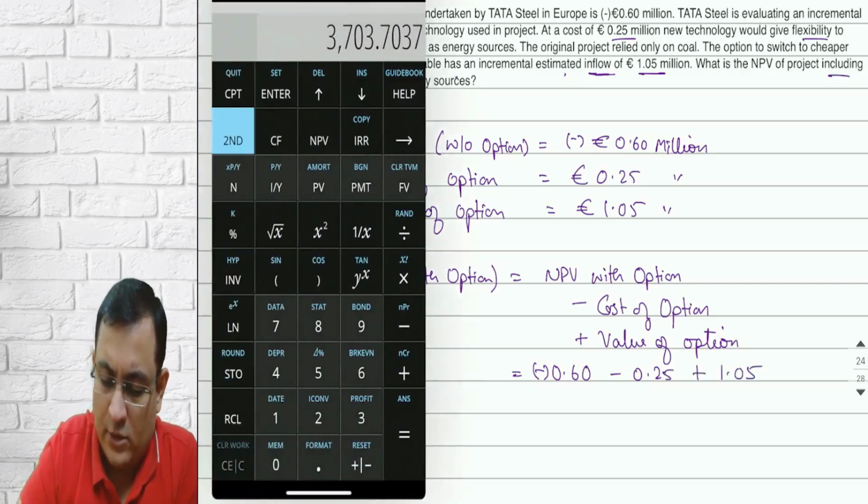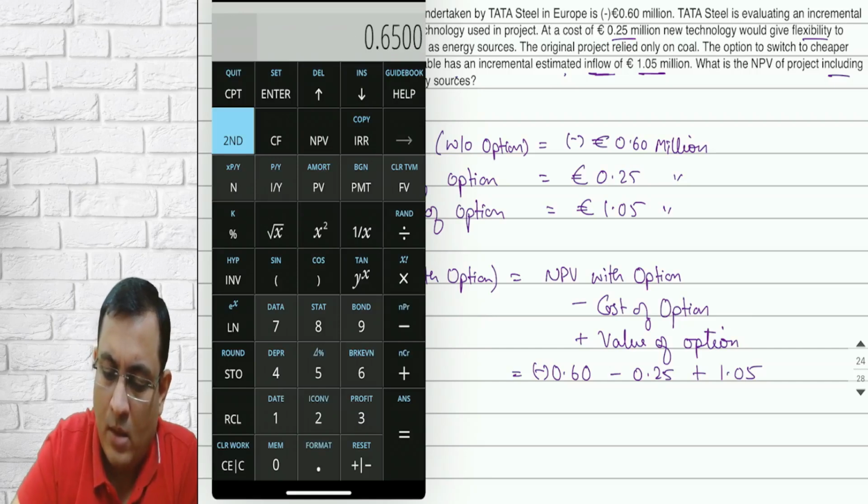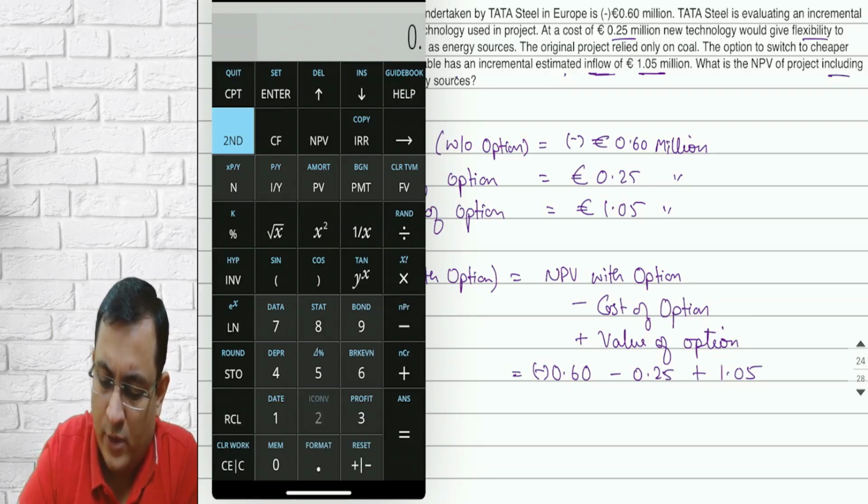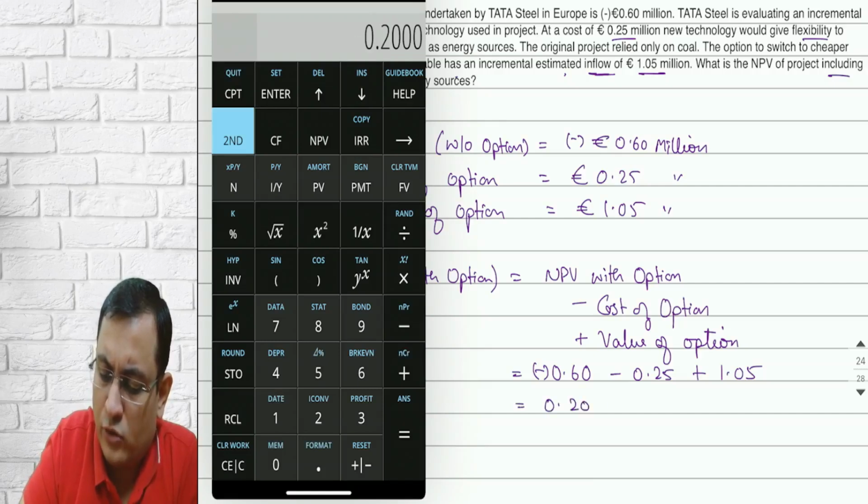So this is negative 0.6 minus 0.25 plus 1.05, which is going to give us a positive NPV of 0.20 million.